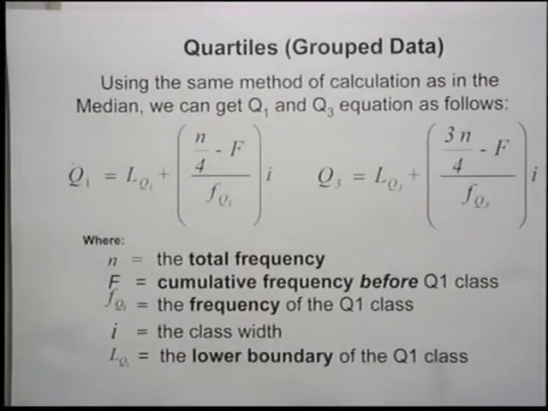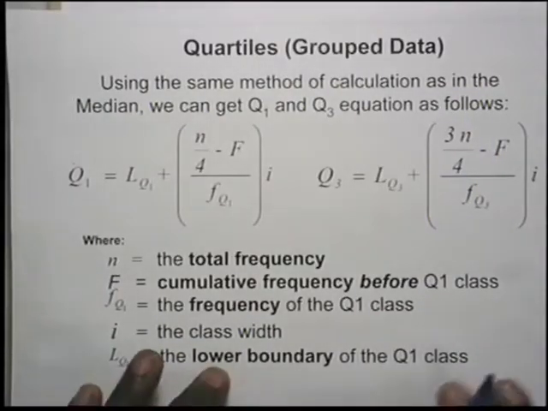Now, we look at how we can calculate the quartile when we have grouped data. Earlier on, you remember calculating the mean. We are going to use the same method, not the mean, the median, the formula that we used.